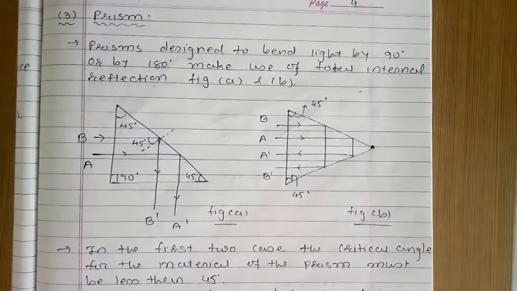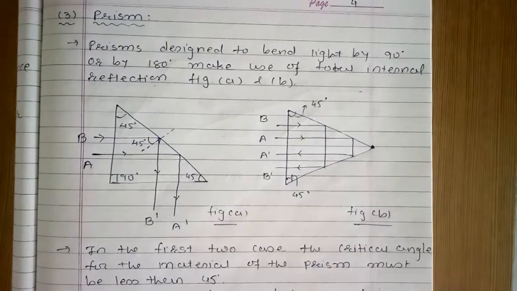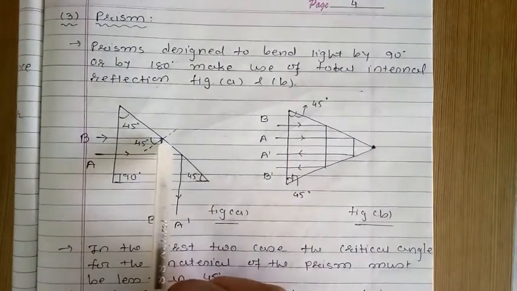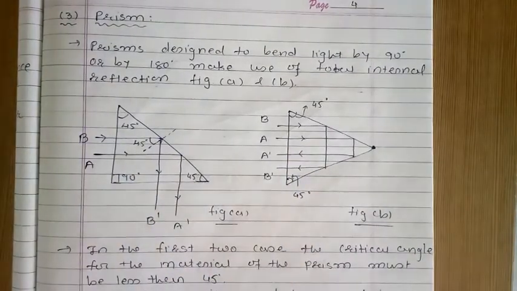You have to remember that in a prism the critical angle must be less than 45 degrees, right? We know that if our angle of incidence is greater than the critical angle, then total internal reflection occurs. So here the critical angle is less than 45, so total internal reflection occurs. See here, this is a 90 degree bend.